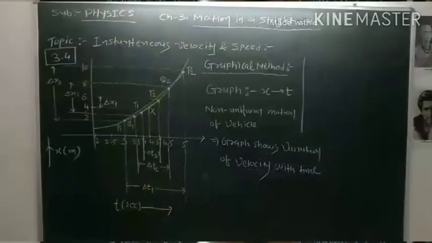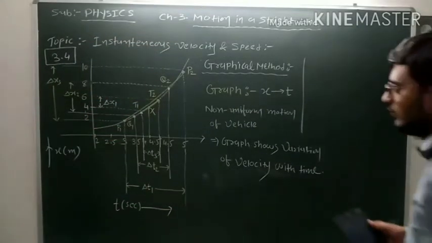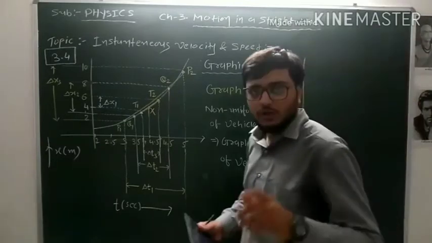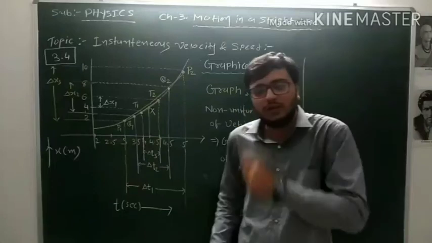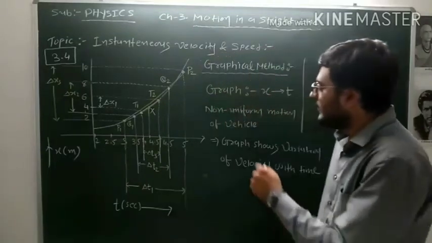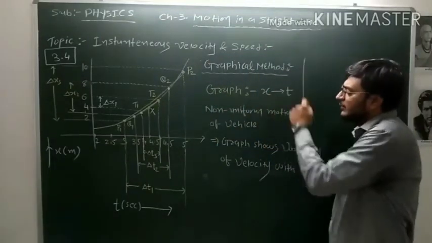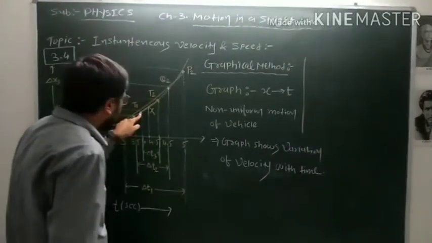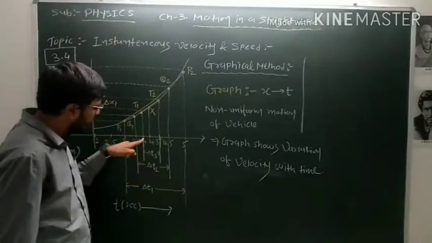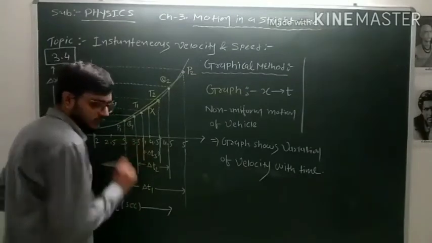Students, here we use the graphical method to find out the instantaneous velocity at a particular instant of time, at the time t equals 4 seconds.